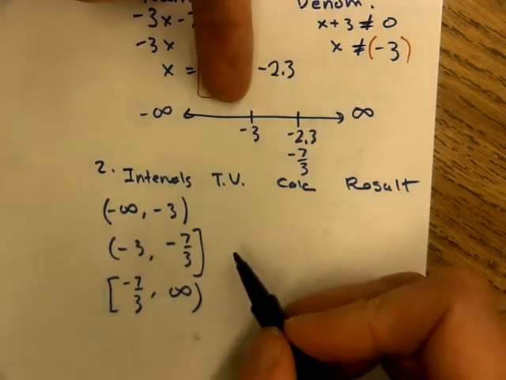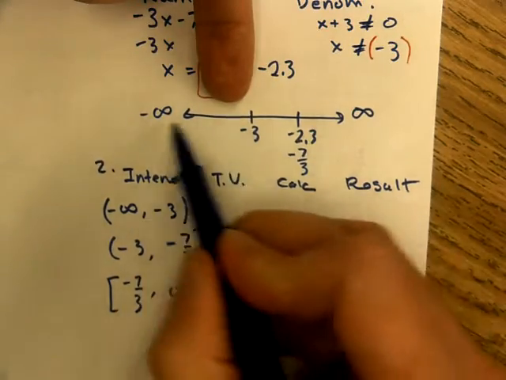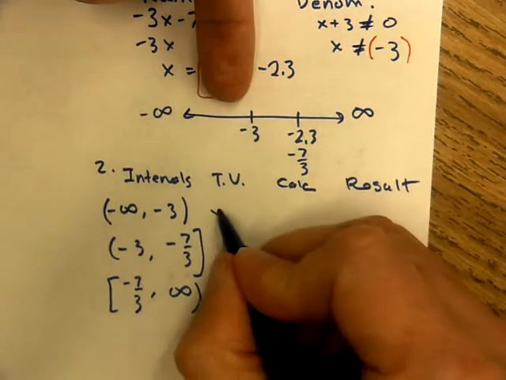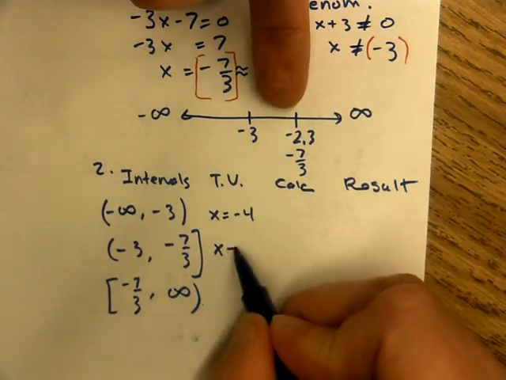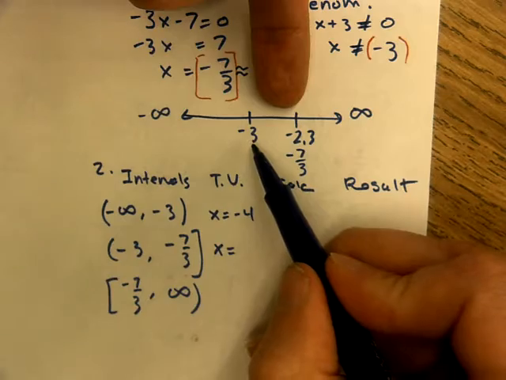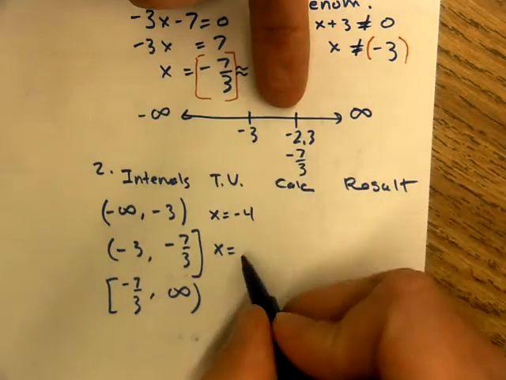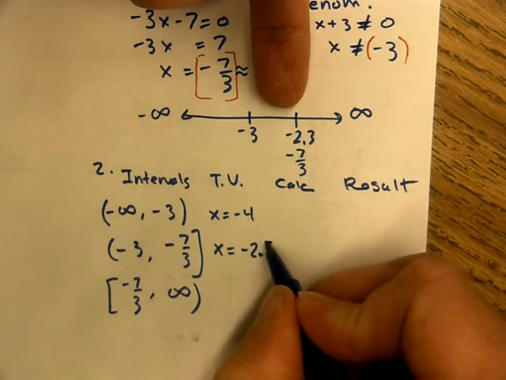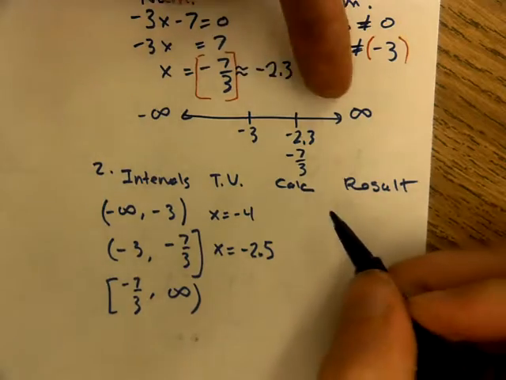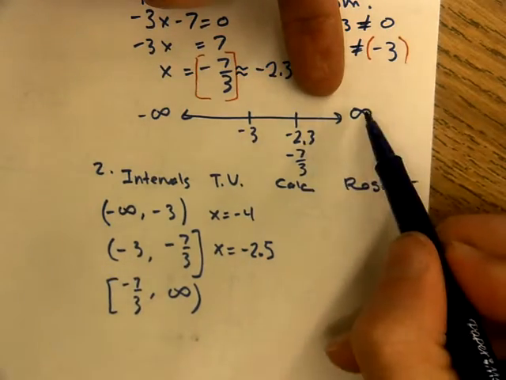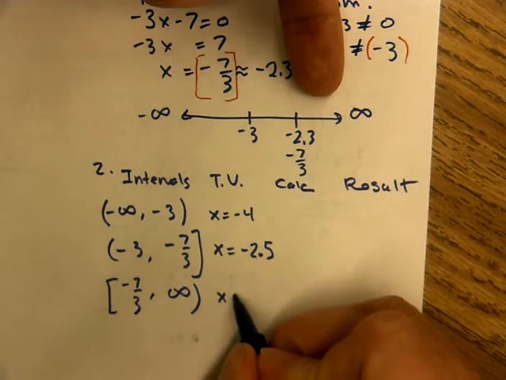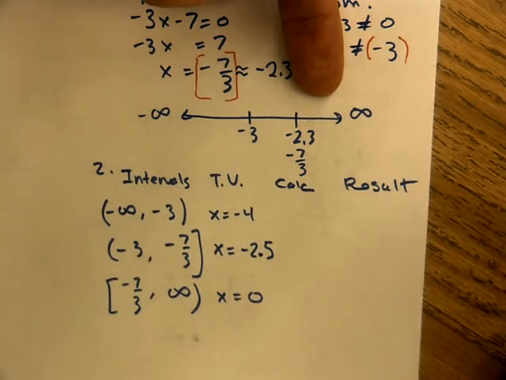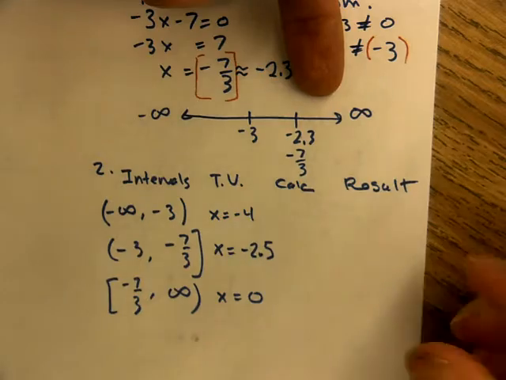So I need to pick a test value, some number that's between -∞ and -3. So how about -4? For this middle interval, I have to pick a value between -3 and -2.3. So how about -2.5? And then for the third interval, I need to pick a test value, anything between -2.3 and +∞. And I'm going to pick 0 because, of course, it's easiest to do our calculations with 0.